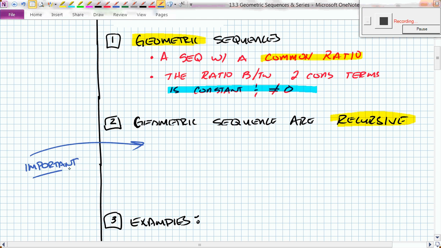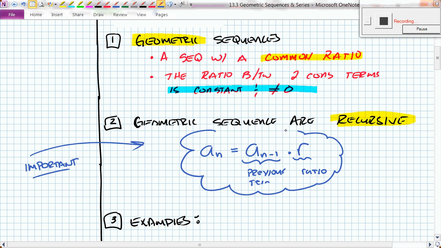Important: the nth term, a sub n, is equal to the previous term, which we represent by a sub n minus 1, multiplied by our r, which is our common ratio. So the general form for the recursive formula of a geometric sequence is just the previous term multiplied by r. That's pretty important to have. Okay, so there's the front knowledge that we need.